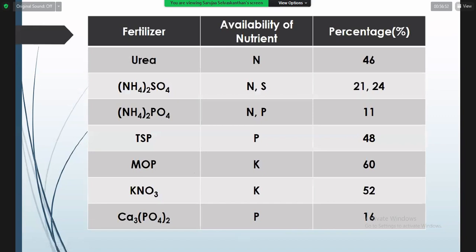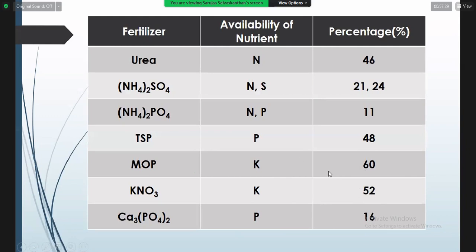Okay, you have some available percentages of nutrients. In urea, only nitrogen, available percentage 46. In ammonium sulfate, you have available nitrogen and sulfur: nitrogen 21 and sulfur 24. In ammonium phosphate, nitrogen is 11, phosphorus also 11. You can calculate. TSP, phosphorus 48%. Okay, MOP, potassium 60%. So it is a high percentage.